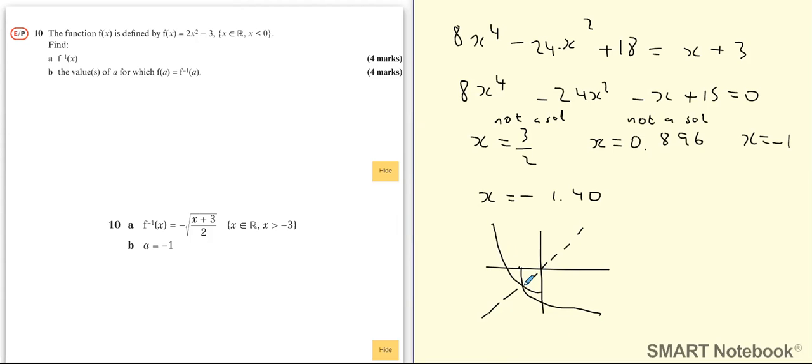For the line to be equal to its inverse, they're only going to meet if they're on the line y equals x. They have to meet on the line y equals x. So this one here is also not going to be a solution, because that is not on that point there. So x equals minus 1 is the only one that is going to meet this.